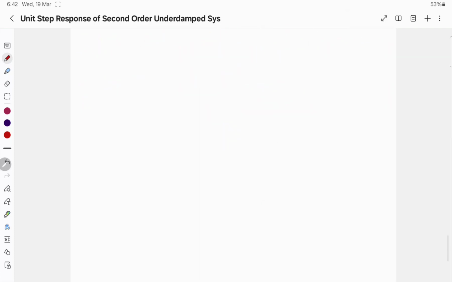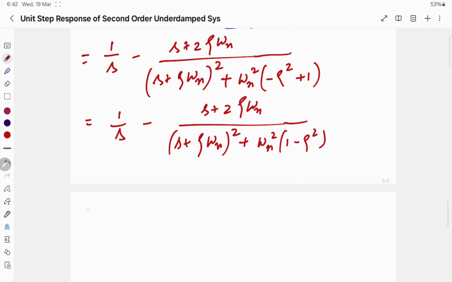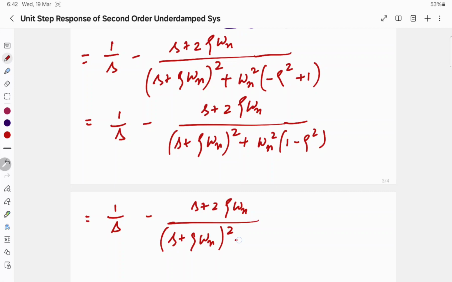Okay, the next step, I am writing as (s plus 2 zeta omega n) divided by (s plus zeta omega n) square plus, I can write this as omega d square.